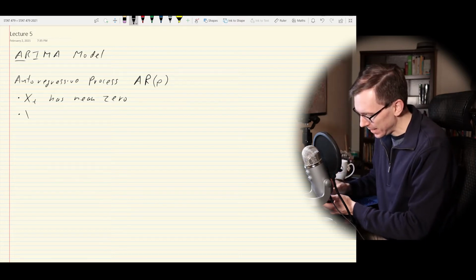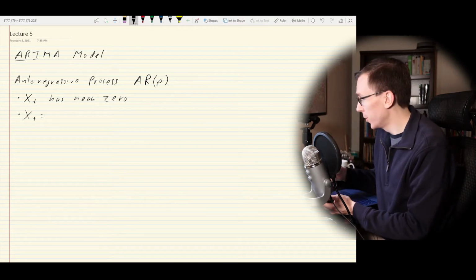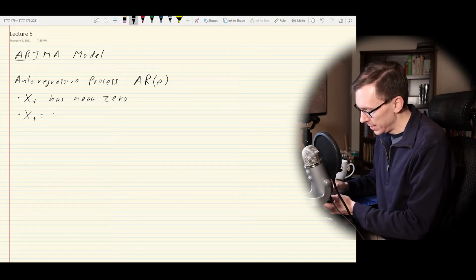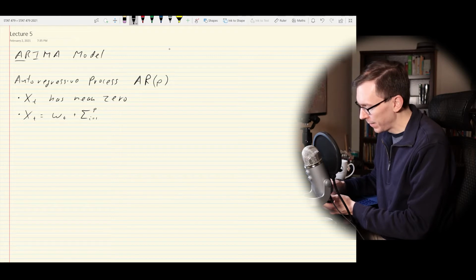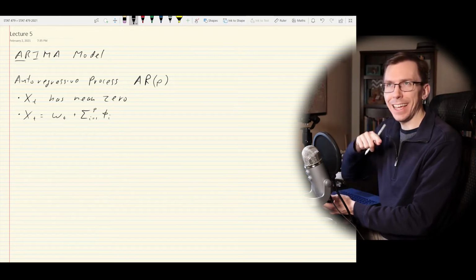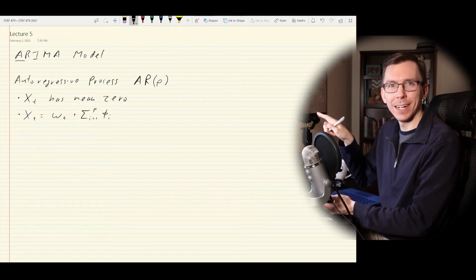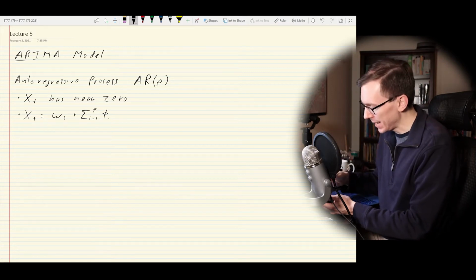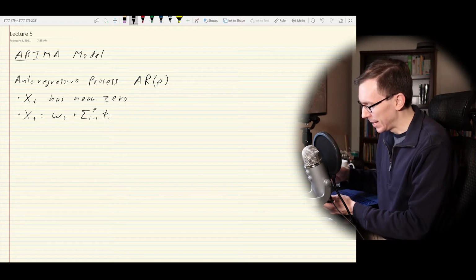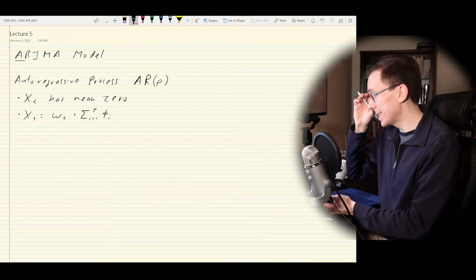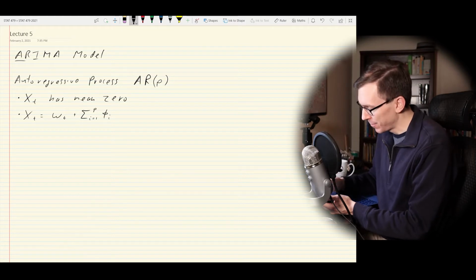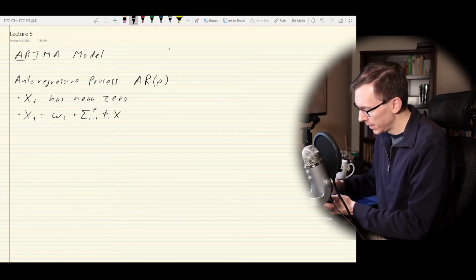And we write X_t in the following form, which is going to be W_t, the white noise at the current time, plus a summation of, we'll take i from 1 to p, of the coefficient phi, because the thetas are going to come back in for the moving average piece. The standard notation, as you might see in textbooks, is to use phi for the autoregressive coefficients.